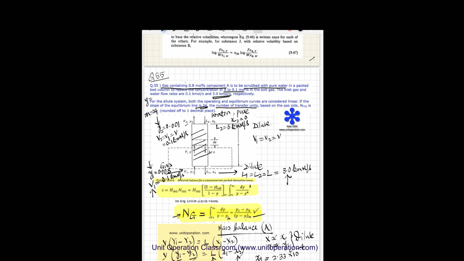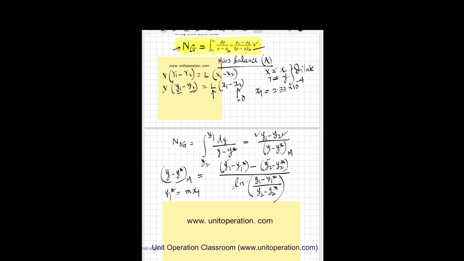So Y1 star is mX1 and Y2 star is equal to mX2. Since we know X1 and X2, we can calculate Y1 star and Y2 star, and therefore we can calculate this value here, and that comes to be equal to 1.602 times 10 to the power minus 3.